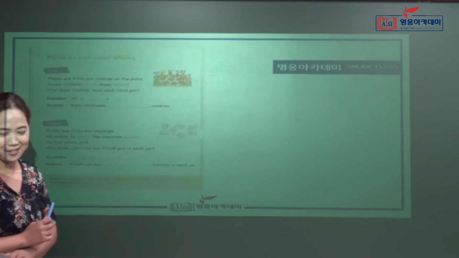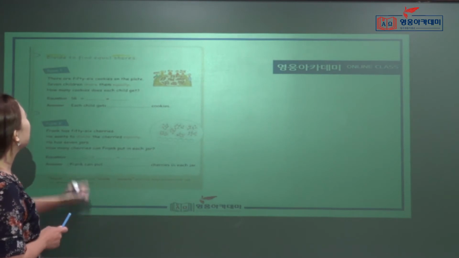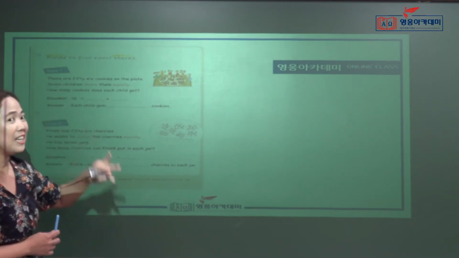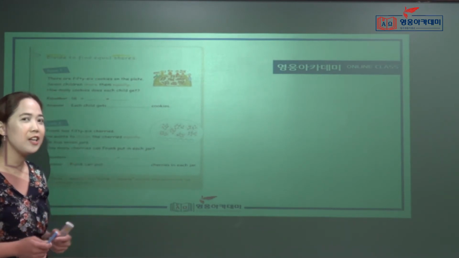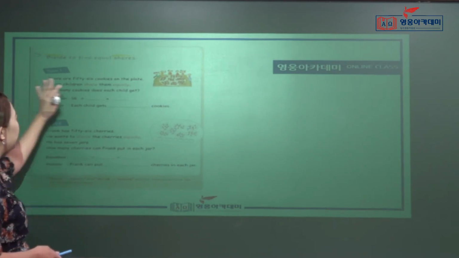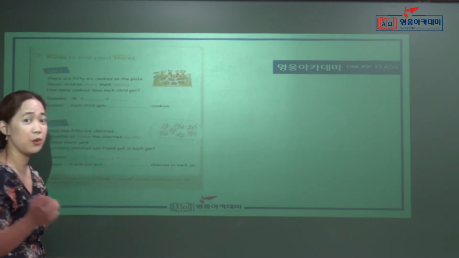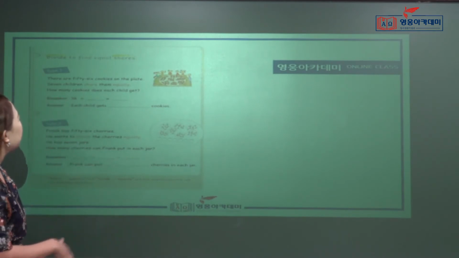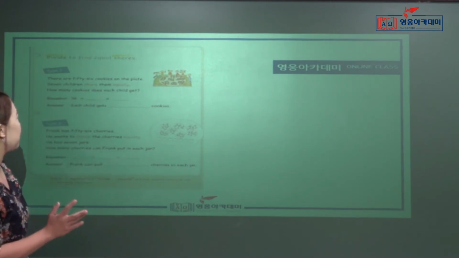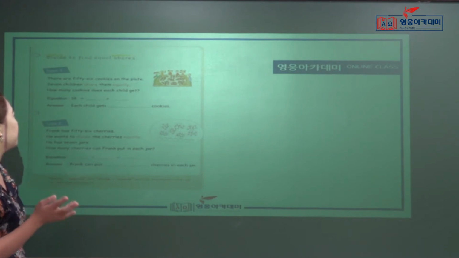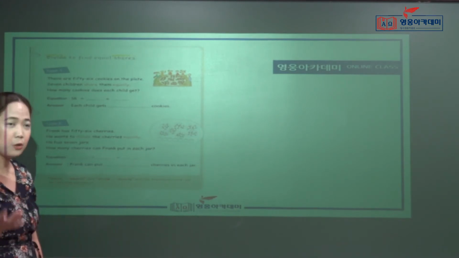The next is division. Divide to find equal shares. Look at the story. What is the first story? Let's read together. There are 56 cookies on the plate. 7 children share them equally.